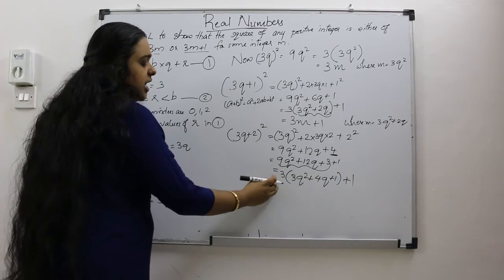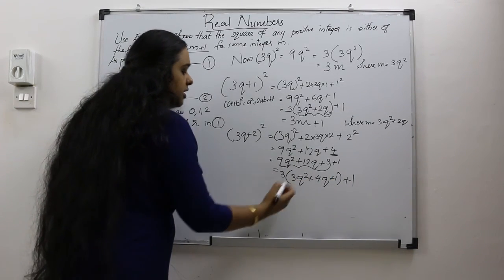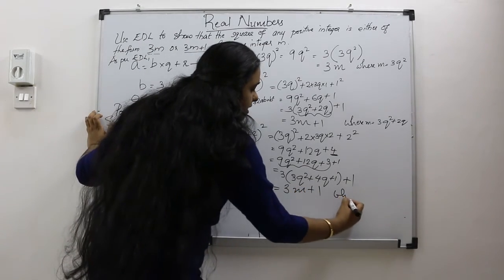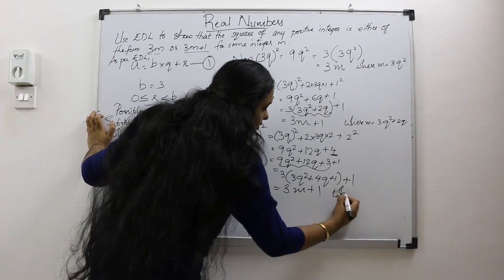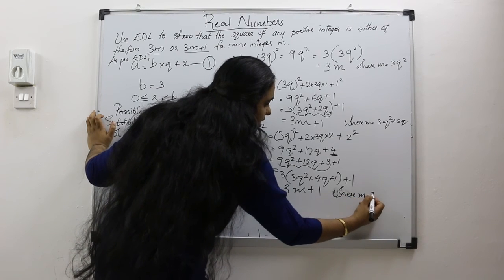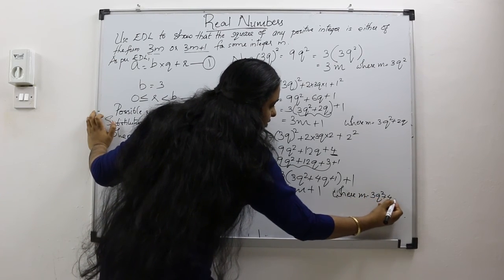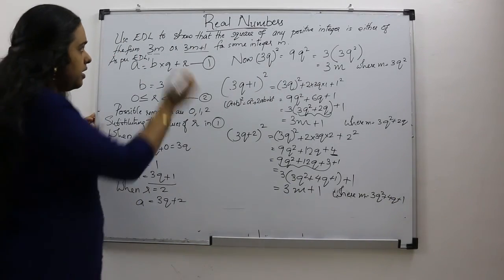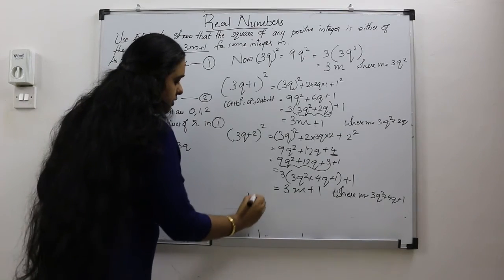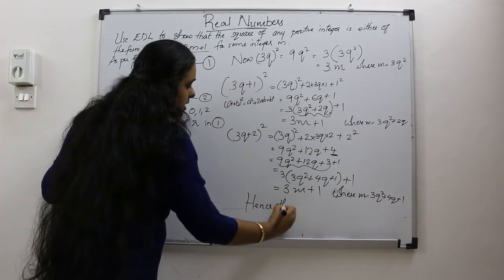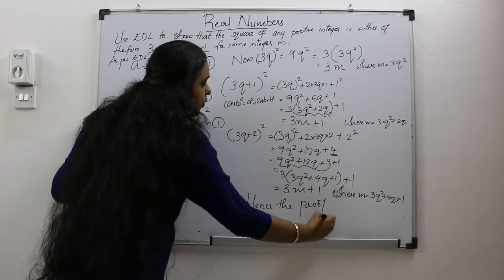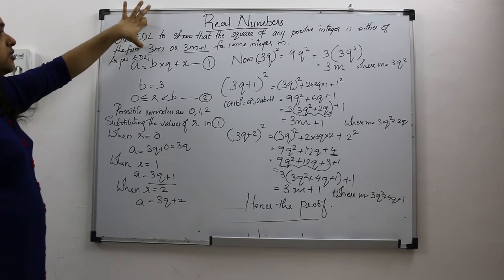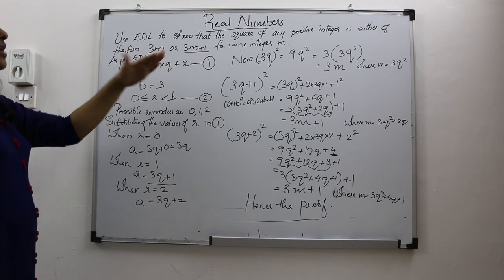It will become 3 into 3q square plus 4q plus 1, and we can write it as 3m plus 1, where m equals 3q square plus 4q plus 1. Okay, hence the proof. It is proved.